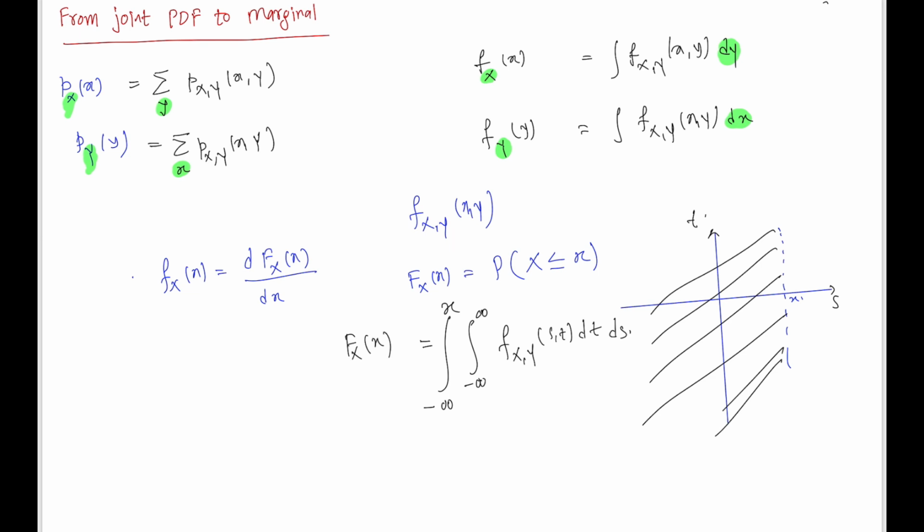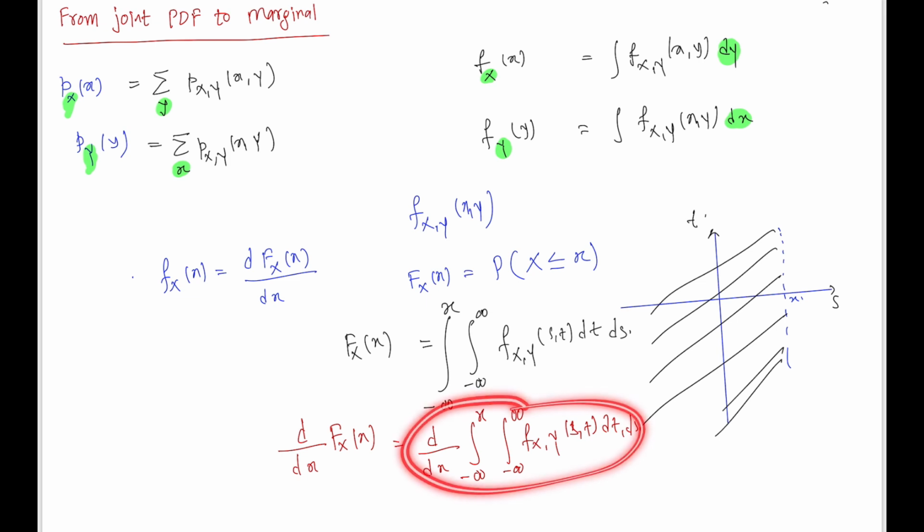Our goal is to find the PDF. What we can do is simply differentiate this CDF. So what will be the differentiation of this part?